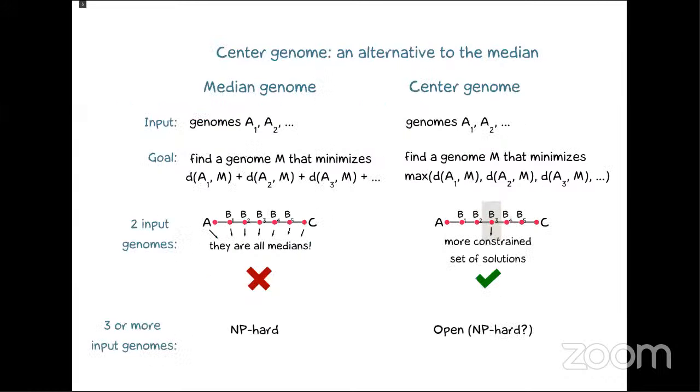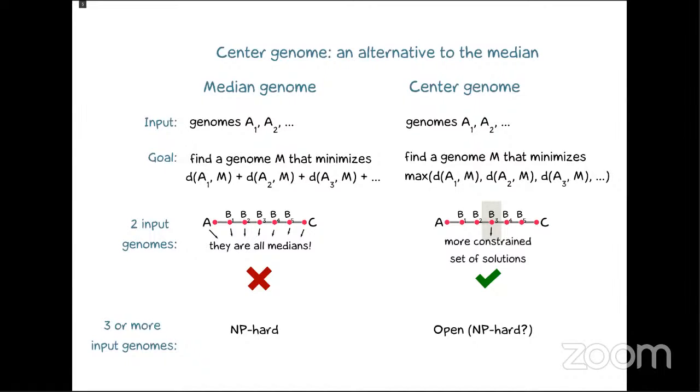In contrast, if you are willing to use centered genomes, you have maybe a couple of advantages. One being that even for 2 genomes, the centered genome problem can produce more relevant solutions because it's more constrained. So not every genome between A and C, or in an optimal path between A and C, is a centered genome.